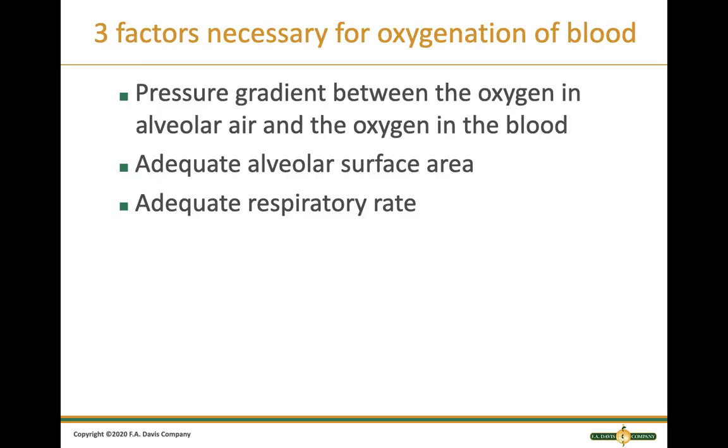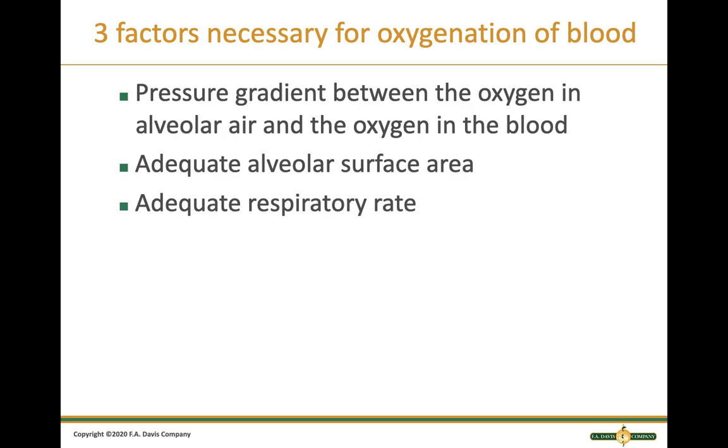The next thing we need to know are 3 factors necessary for oxygenation of blood. So first we need a pressure gradient between the oxygen in the alveolar air and the oxygen in the blood. So that means there has to be more oxygen in the air inside the lungs than in the blood. And so as long as we're breathing in oxygen, we have that.